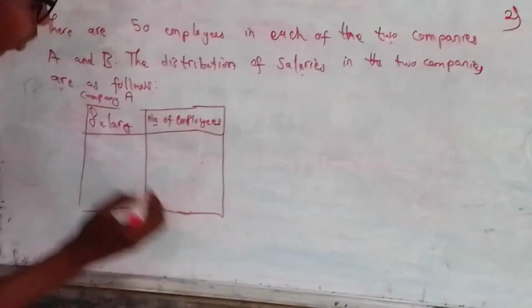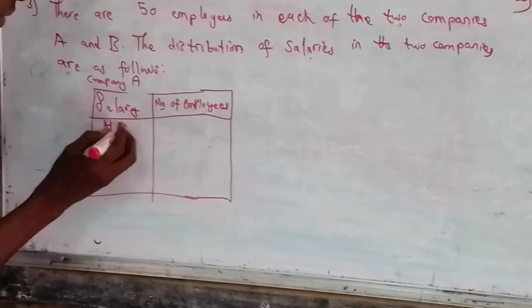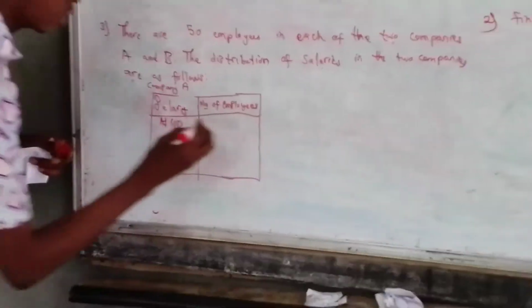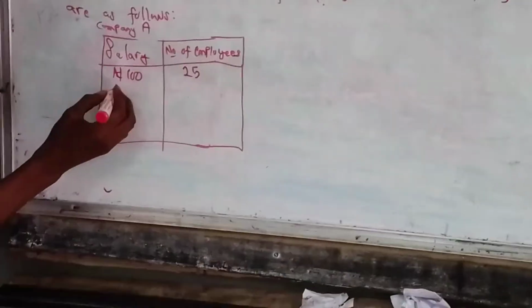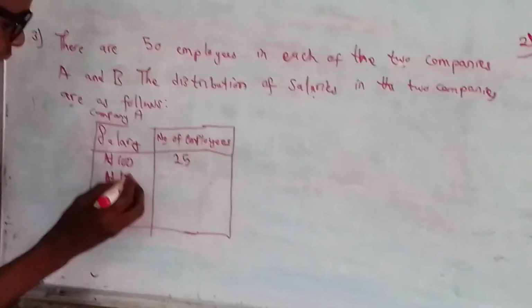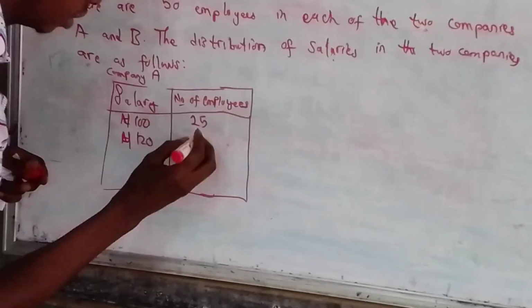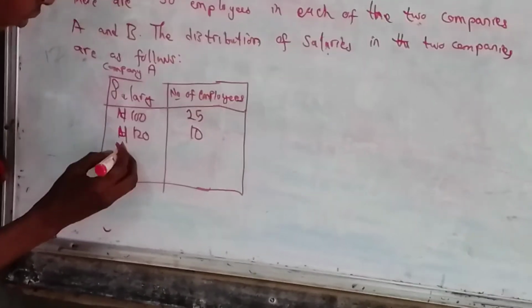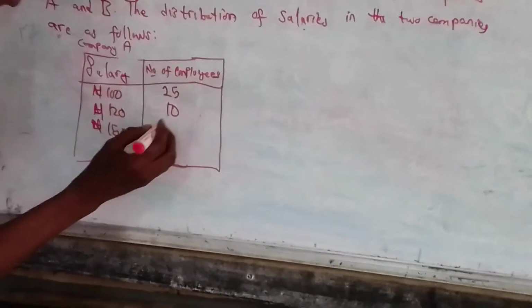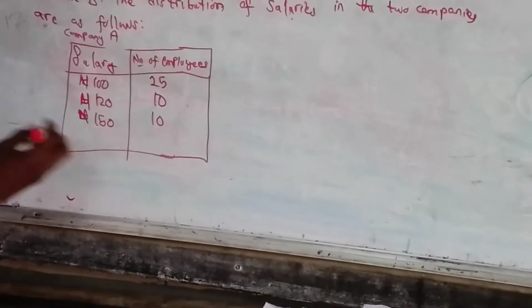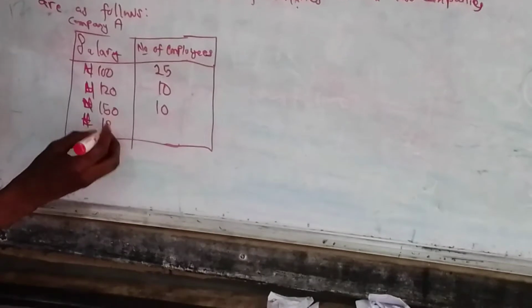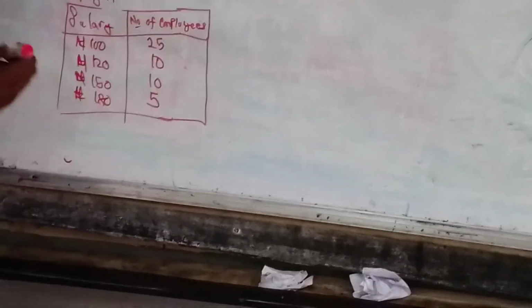How many workers? 25. We have 120, 10 workers. 150, and we also have 10. 180, and we have 5 workers.